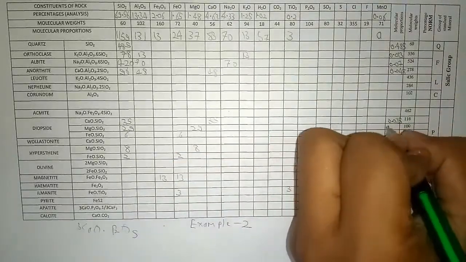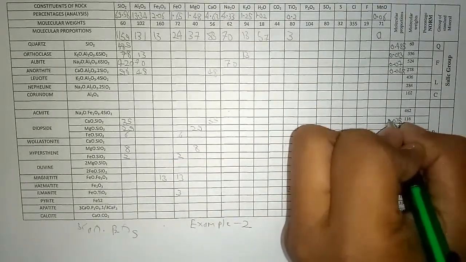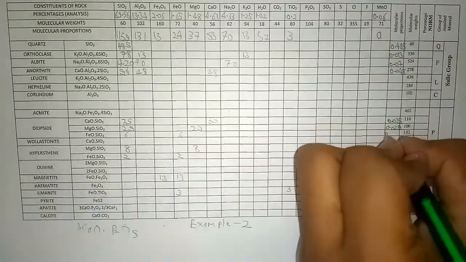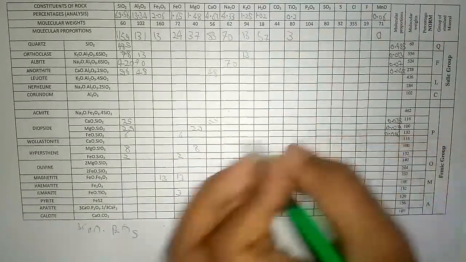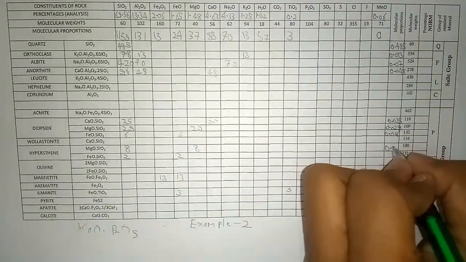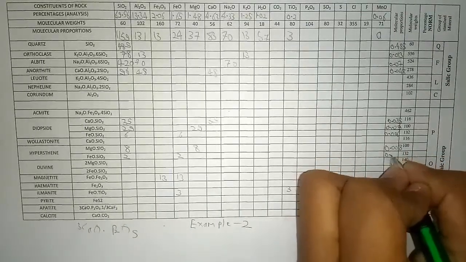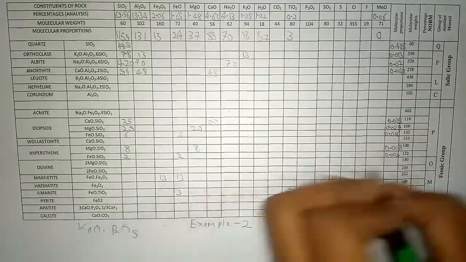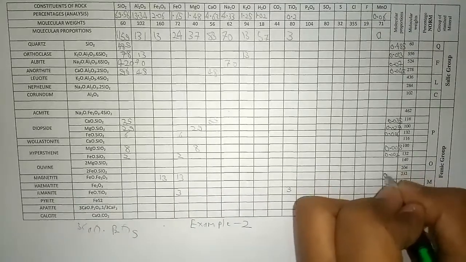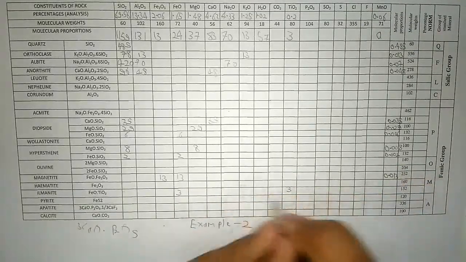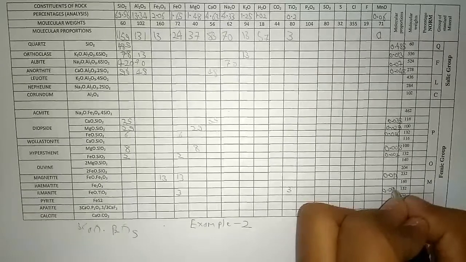Here 0.029. Here smallest 6, 0.006. Here 8, 0.008. Here 0.002. Here 0.013, and here 0.003. Okay.